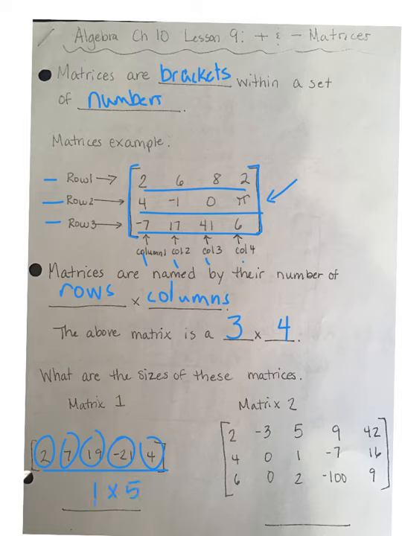That's how you would name it. This one has 1 row, 2 rows, 3 rows, and 1 column, 2, 3, 4, 5 columns, so it's a 3x5 matrix. You're just doing rows and columns, and if you look up at the top and remember the difference, you should be good on that.